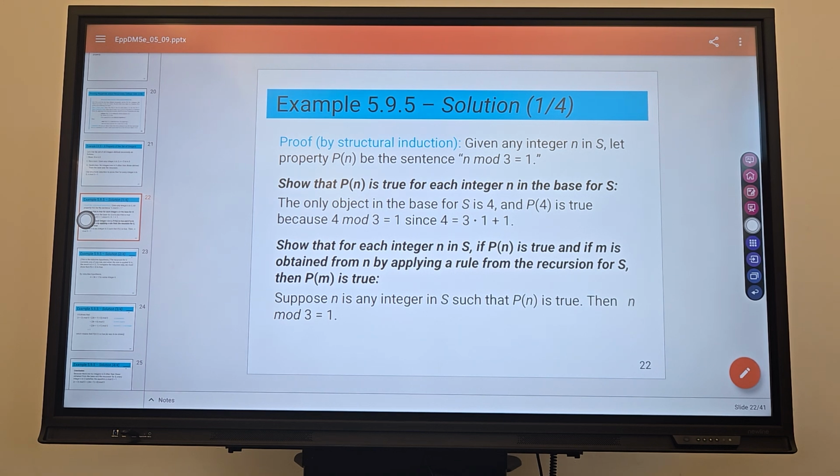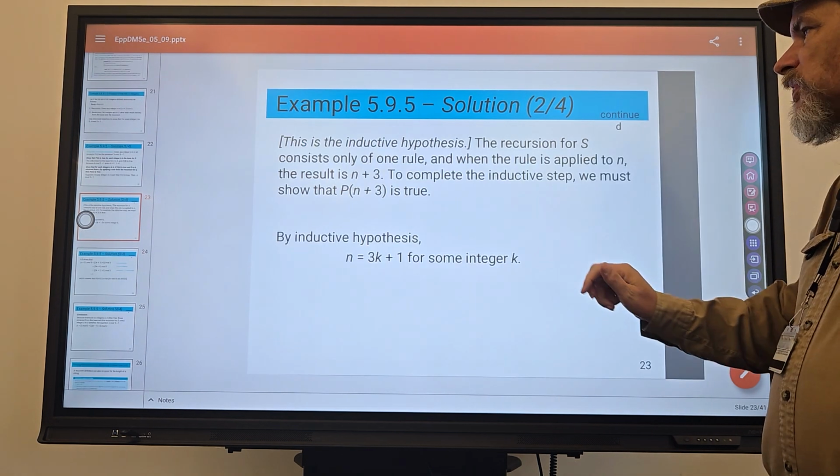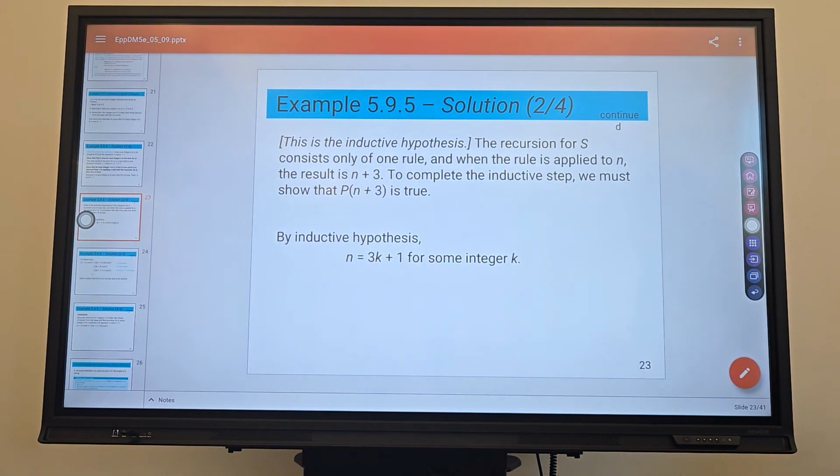Then n mod 3 equals 1. This is the inductive hypothesis. The recursion for S consists of only one rule, and when the rule is applied to n, the result is n plus 3. To complete the inductive step, we must show that P of n plus 3 is true.